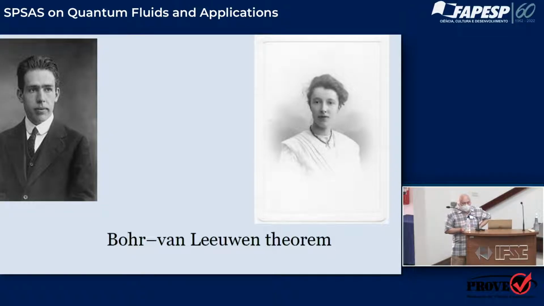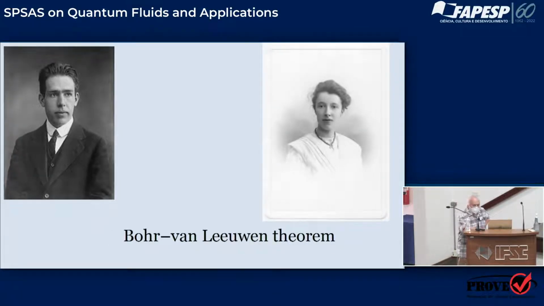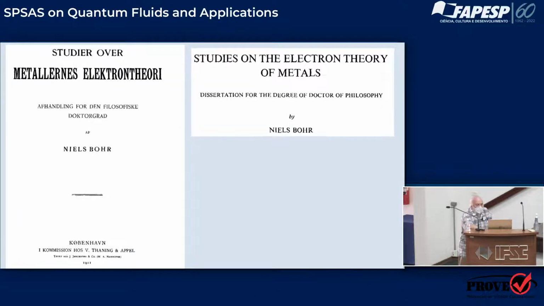And the first answer, actually qualitative, not quantitative, was given by Niels Bohr in his PhD thesis. It is interesting that these two results, Bohr-van Leeuwen theorem, were results of the PhD theses of Niels Bohr and Miss van Leeuwen. The thesis of Niels Bohr was made in 1911.